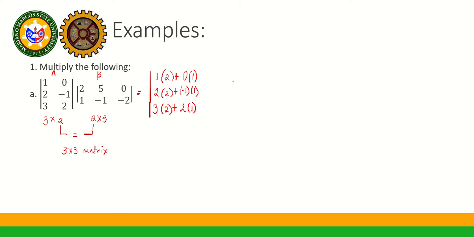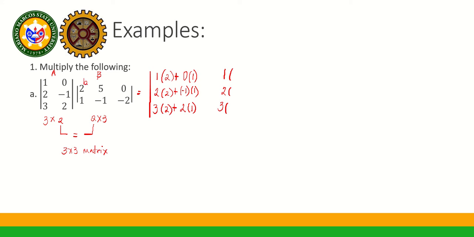And then, for our second column naman, ganun din, si first column ng matrix A natin, i-multiply natin sa second element of the first. Okay, so ano ba to? Anong position to? This is B. Okay. So sulat na lang natin dito.